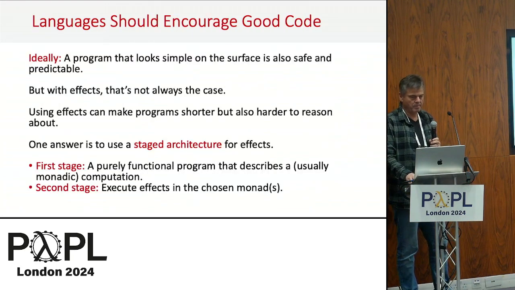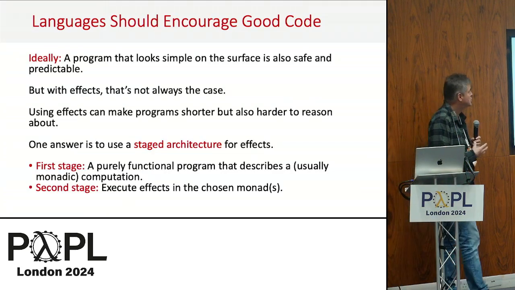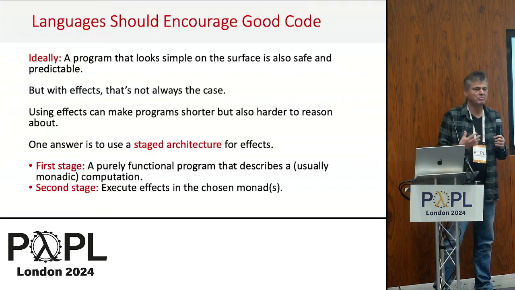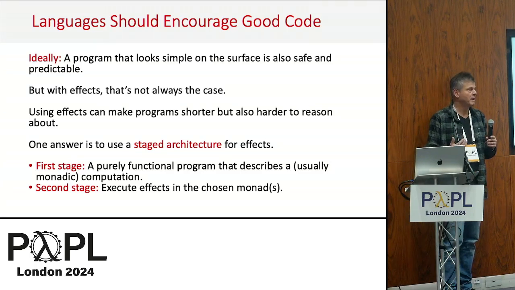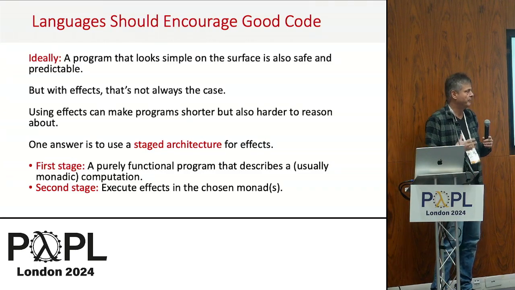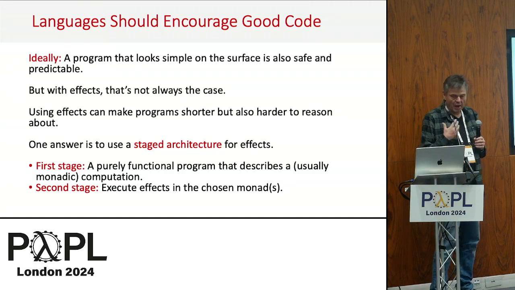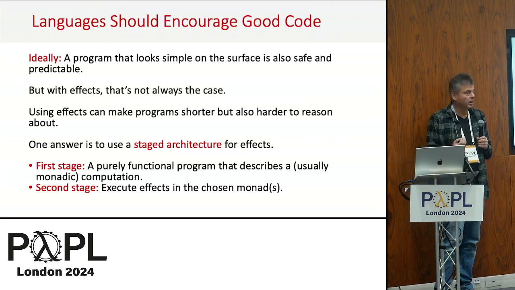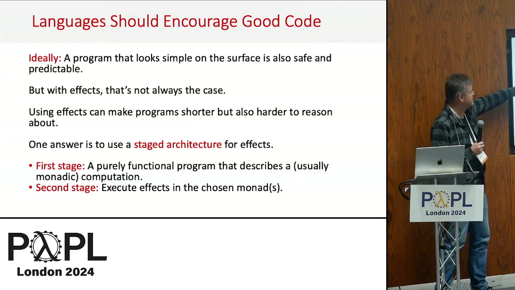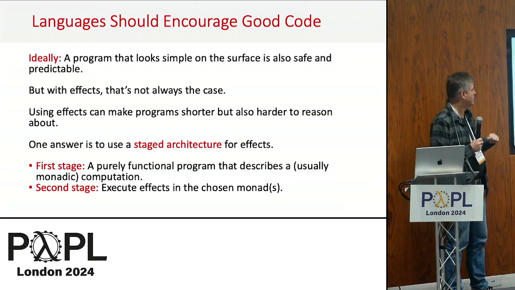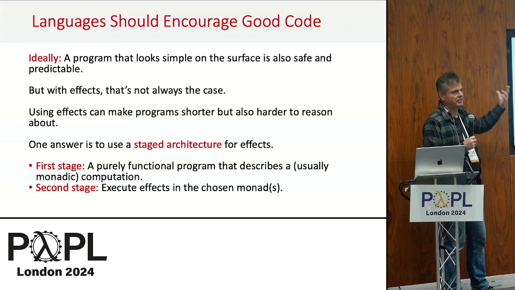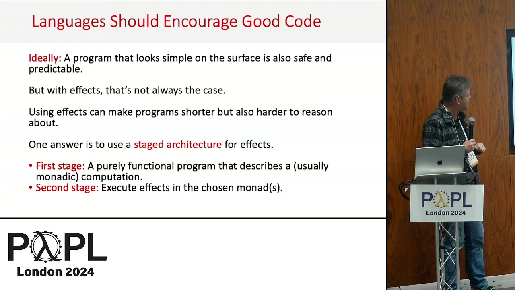So the problem here is that I think languages should encourage good code. So we use a particular programming language or type system to guide us towards writing better programs. That's the whole point. So ideally, a program that looks simple on the surface should also be safe and predictable. That's sort of what we want. But with effects in these predominantly but not purely functional languages, that's not the case.